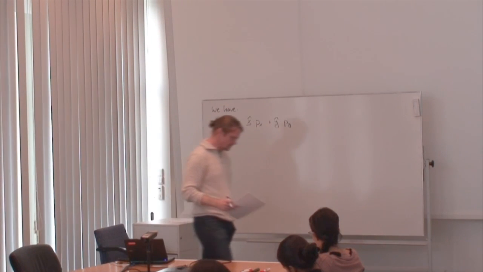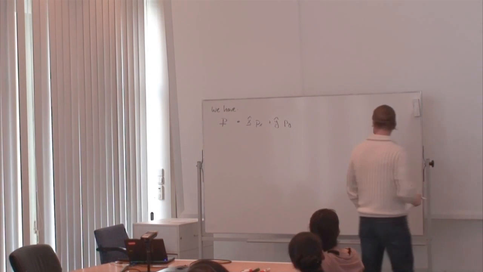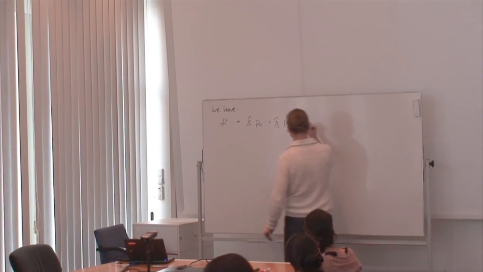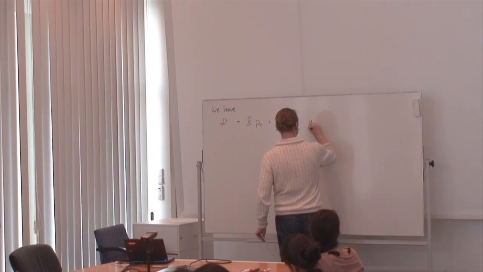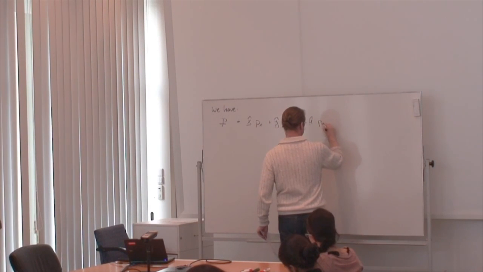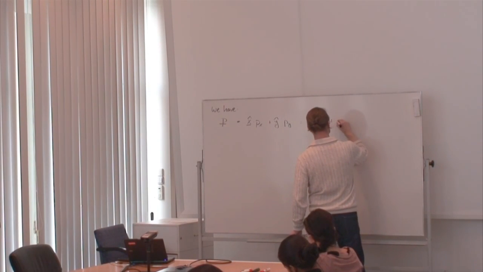And the crucial thing is that this vector can also be expressed as the vector u hat times the pu coordinate plus the vector v hat times the pv coordinate.